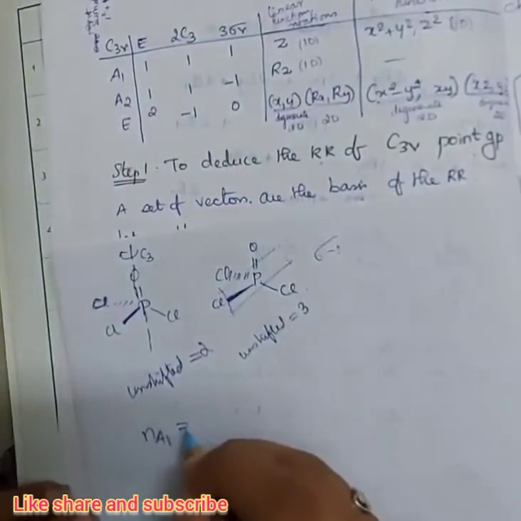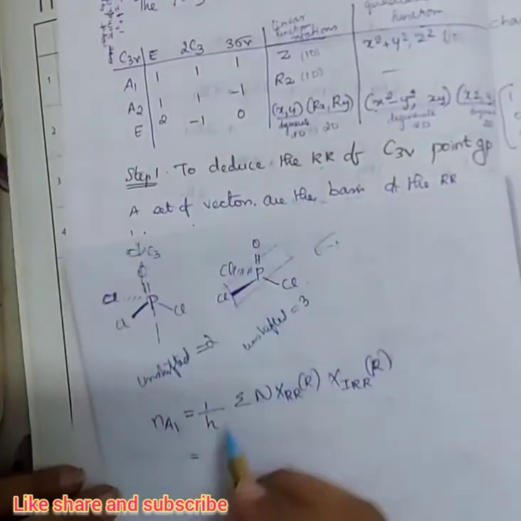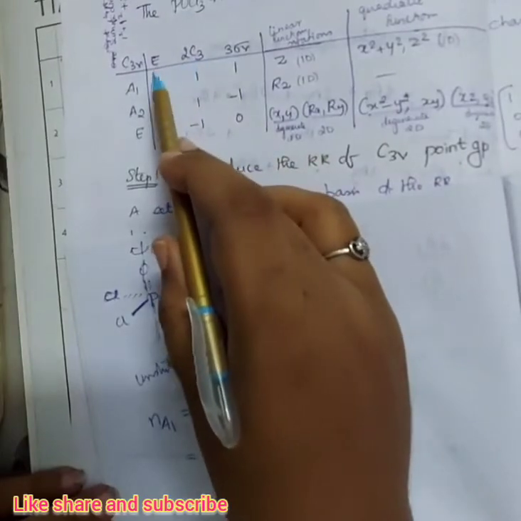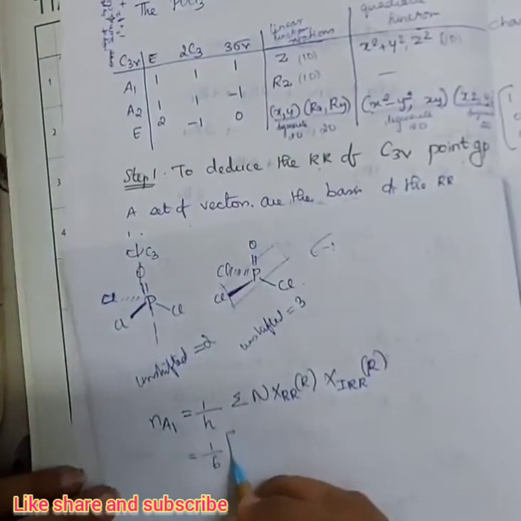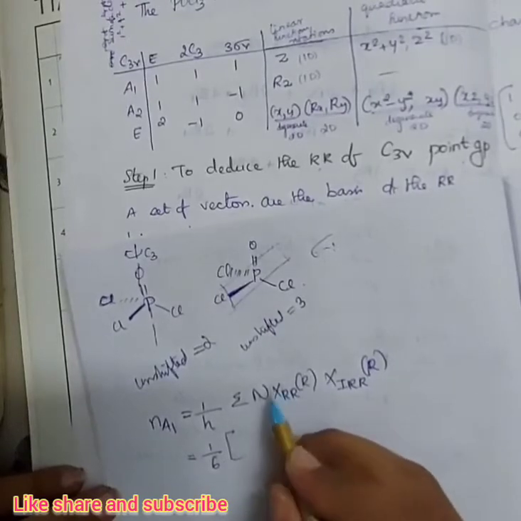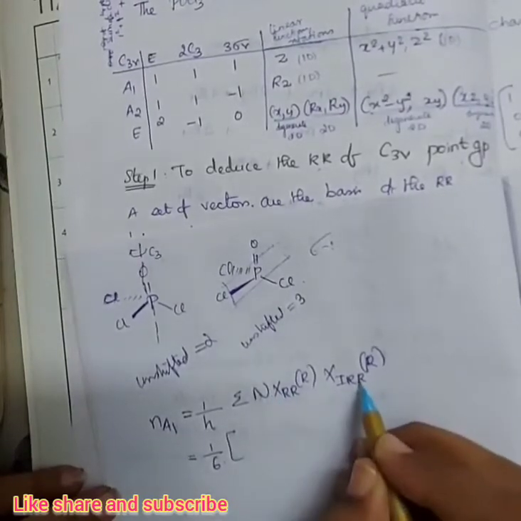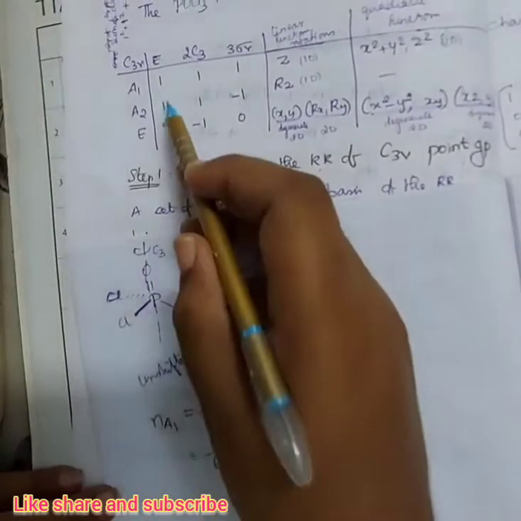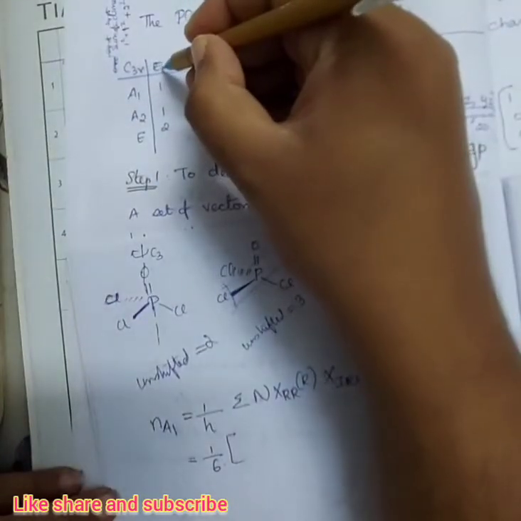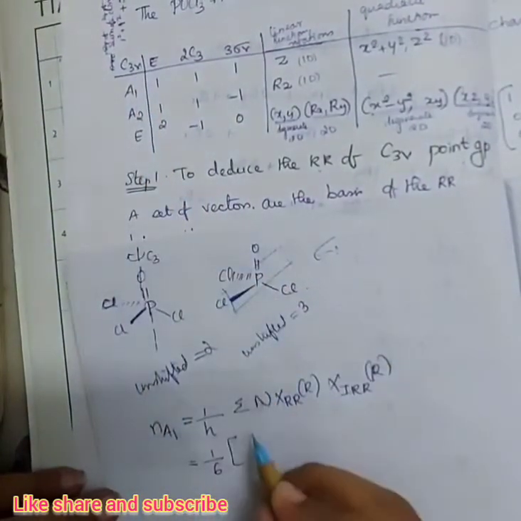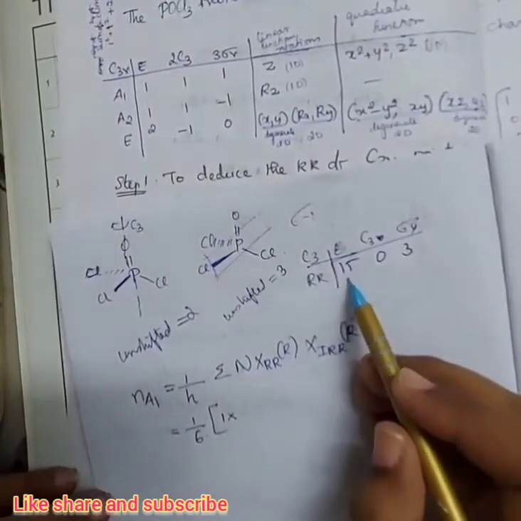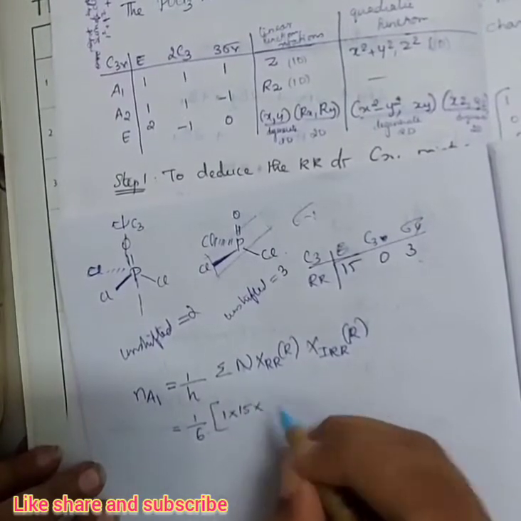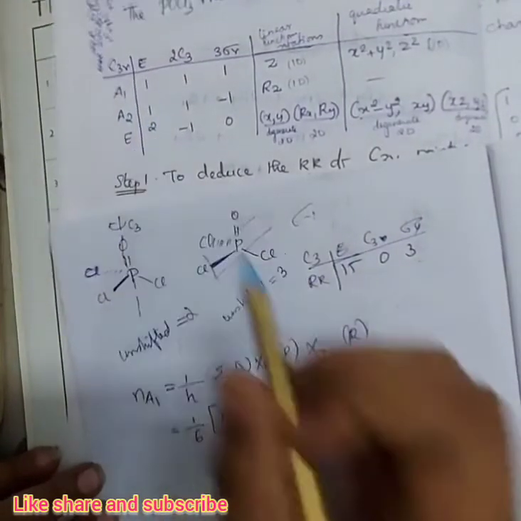So the number of A1 is equal to, the order is 6, that is 3 plus 2 plus 1. So the order is 6, and in the bracket we have to add the multiplication for each operation. In the first case, identity, the number is 1, so 1 into the reducible representation character 15, into the irreducible representation character 1.